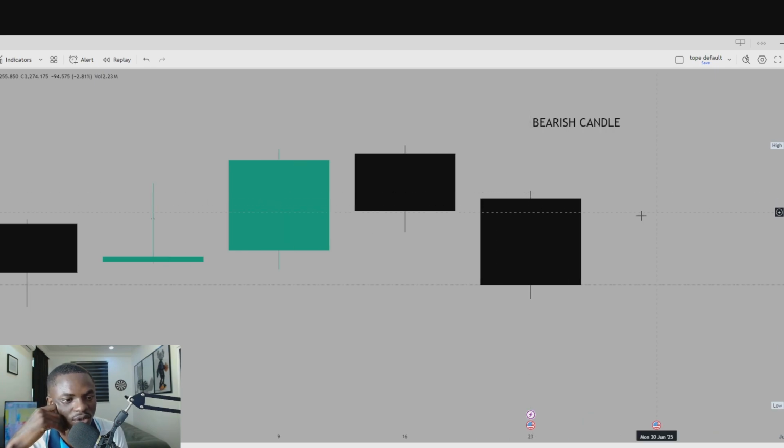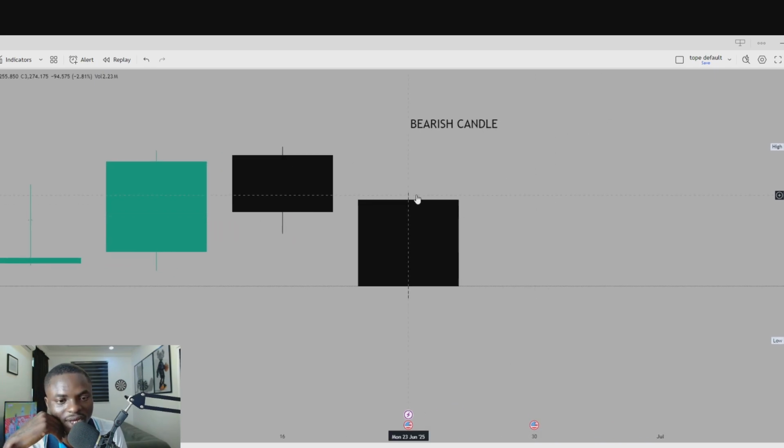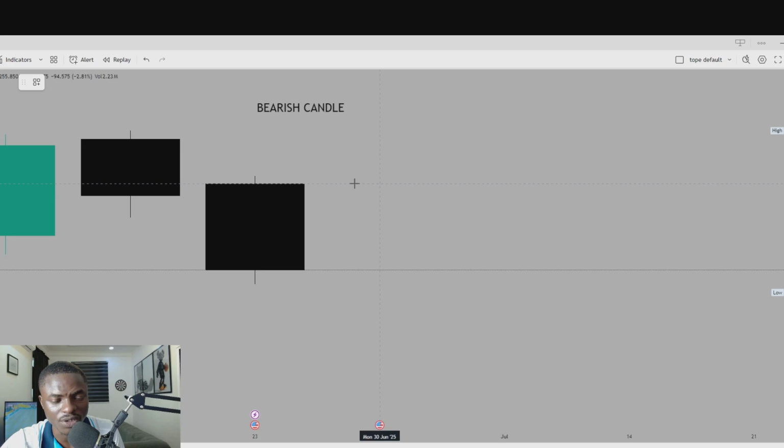It consists of four parts. As with every candle, you have the opening price right here, the high that the price got to, the low that the price got to, and the closing price right here.